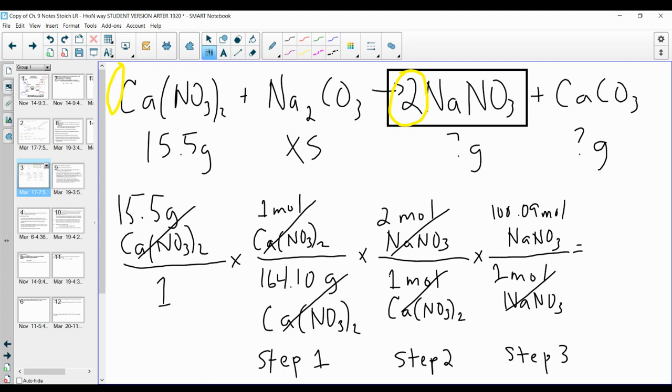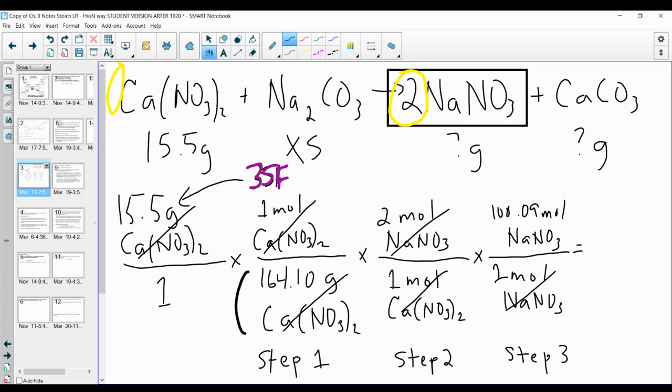We want to go back and verify our number of significant figures. So here is 3 sig figs. Okay, so 3 sig figs in our given, so we need to make sure that we round our answer to 3 significant figures.